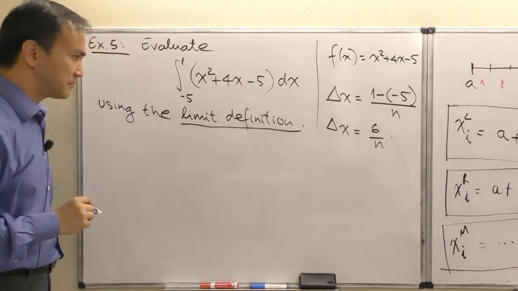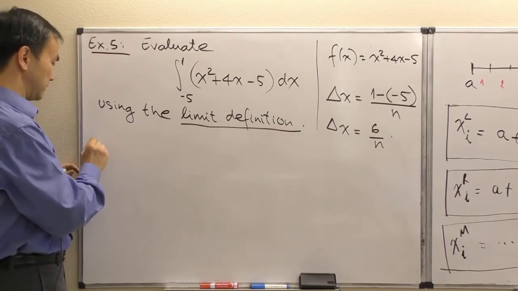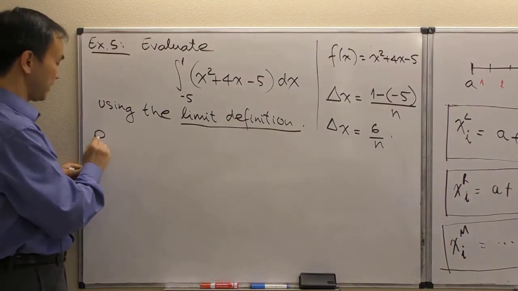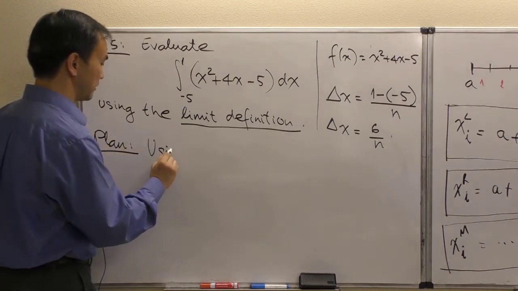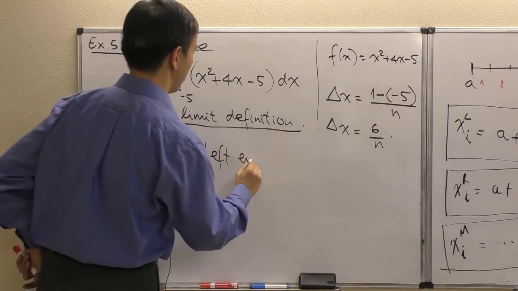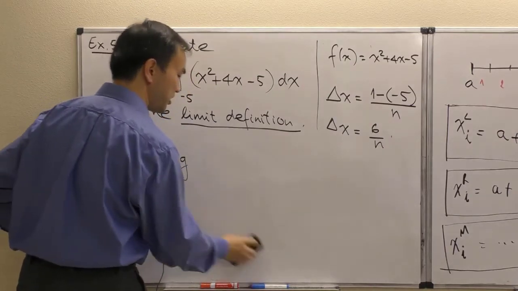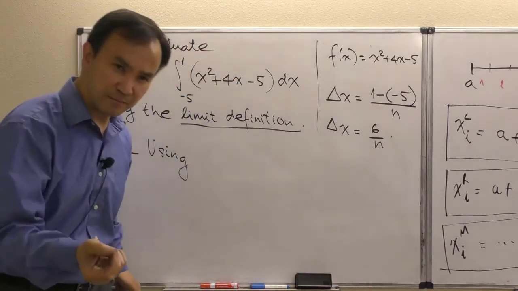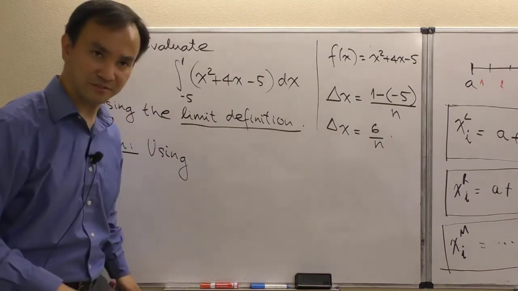Now, I'm using the plan of left endpoints. Or how about, you know what, let's change pace right here. Using left endpoint or right endpoint will arrive at the exact same answer.